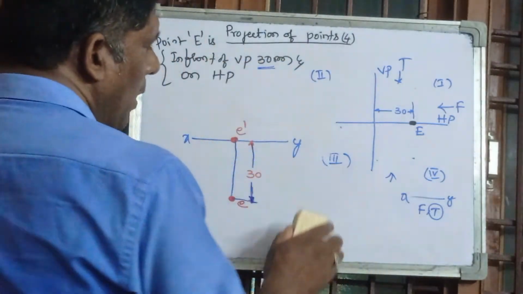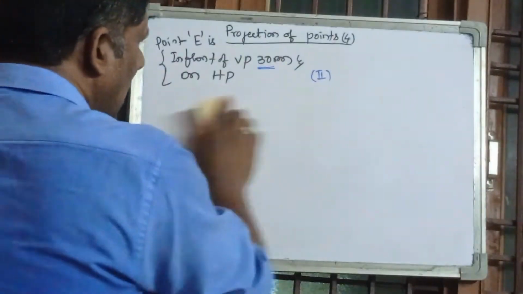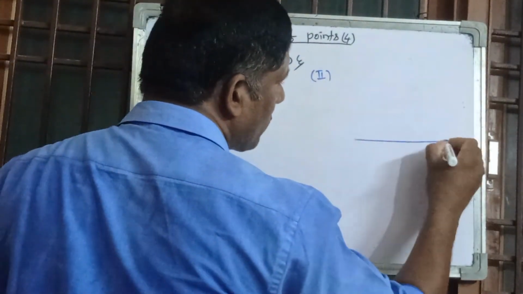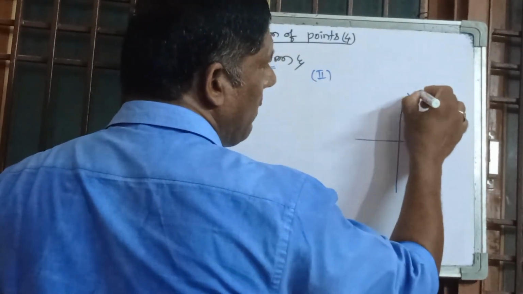Okay. Now same thing, I'll go for the next question. Suppose this is the horizontal plane, this is the vertical plane. Now the point is there.